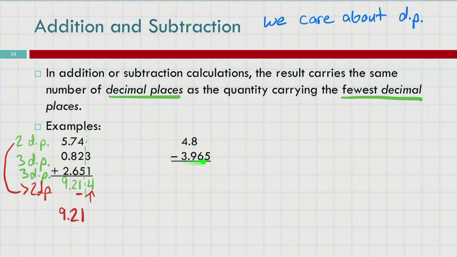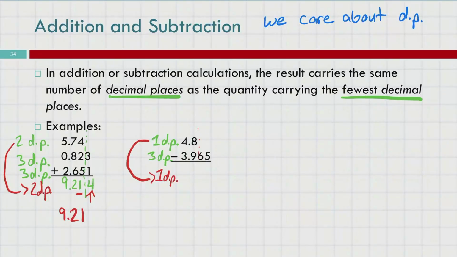For 4.8 minus 3.965, we've got 1 place after the decimal and 3 places after the decimal. So our answer is going to have 1 decimal place.